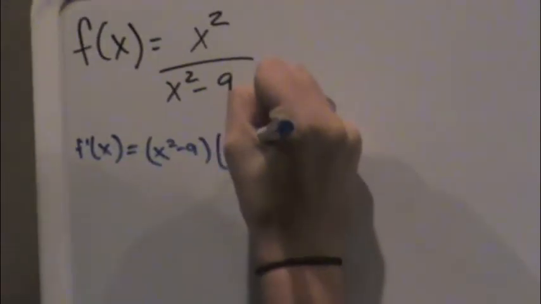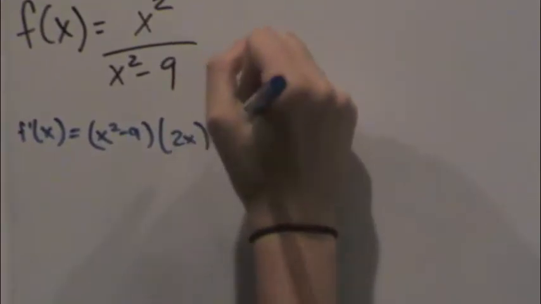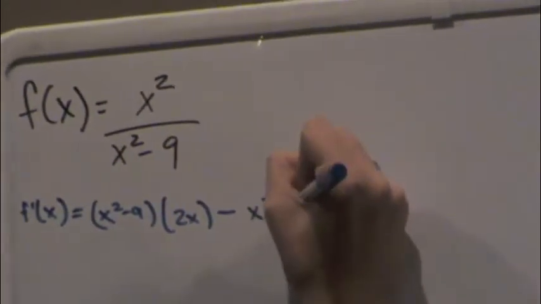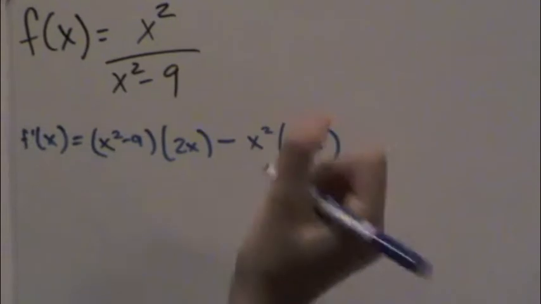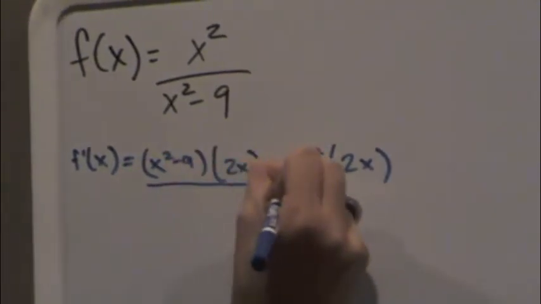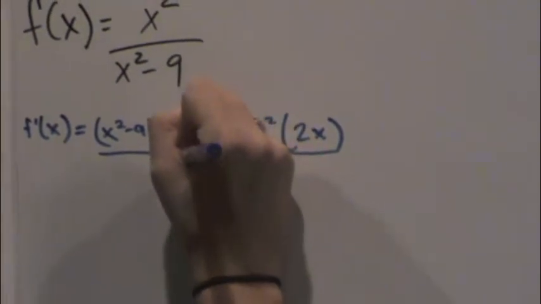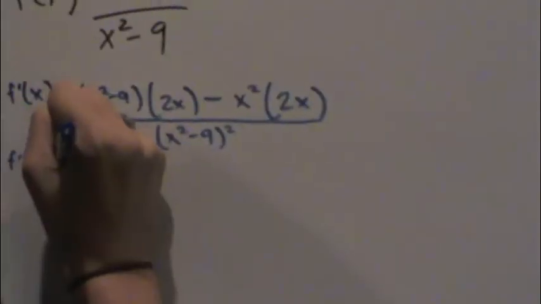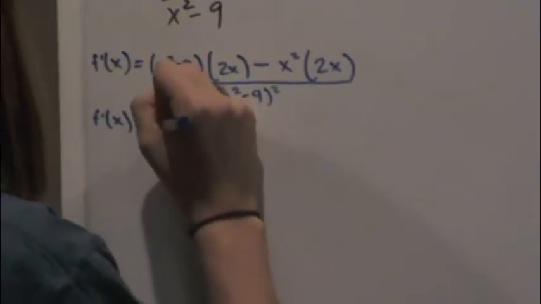So the top derivative will be 2x, and then you subtract the top times the bottom derivative. And then all this goes over the denominator squared. So then you multiply these out.